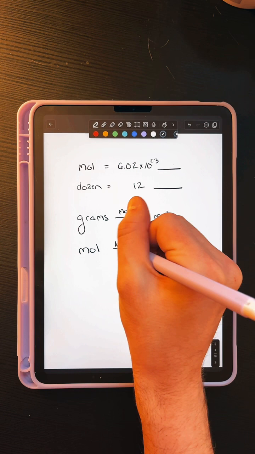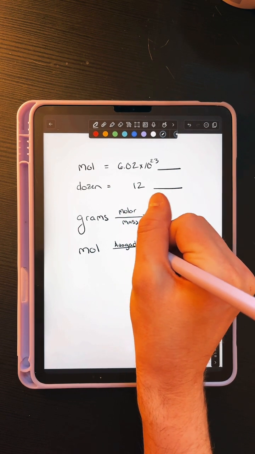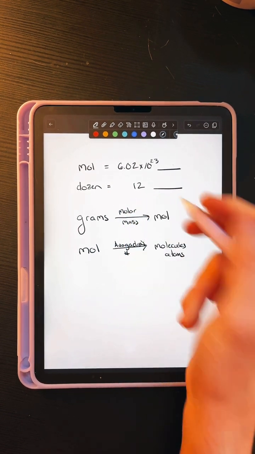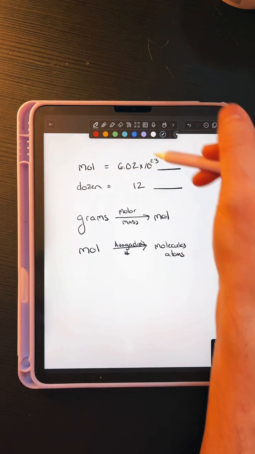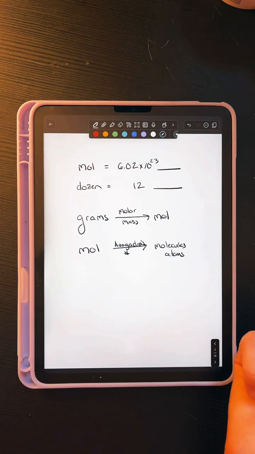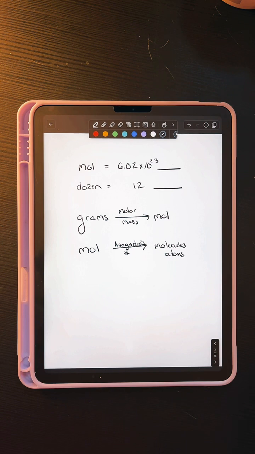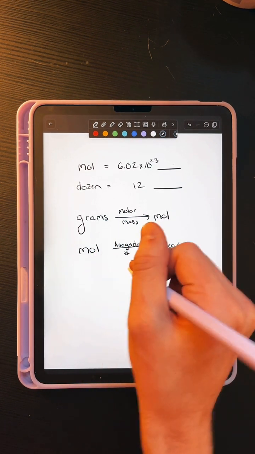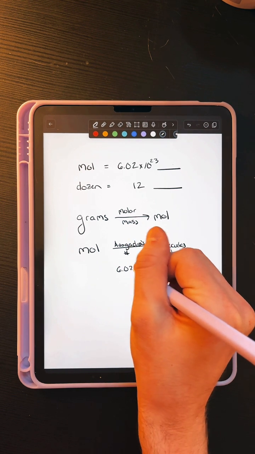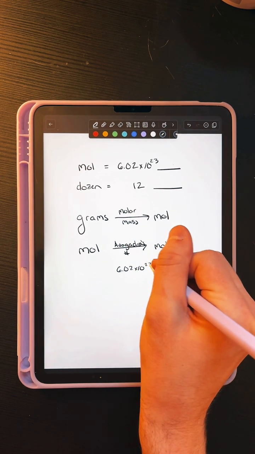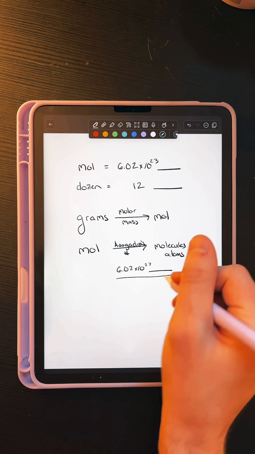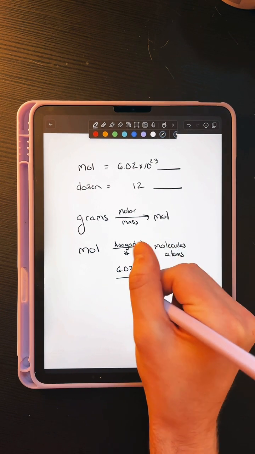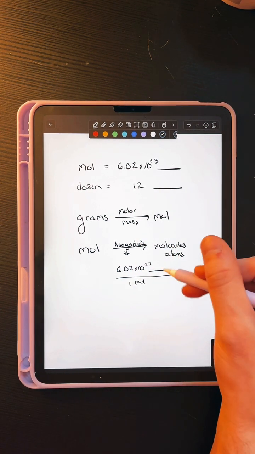And this is where we use Avogadro's number. And Avogadro's number is this 6.02 times 10 to the 23rd. That is the placeholder. So what we're really saying is Avogadro's number is 6.02 times 10 to the 23rd something for every 1 mole.